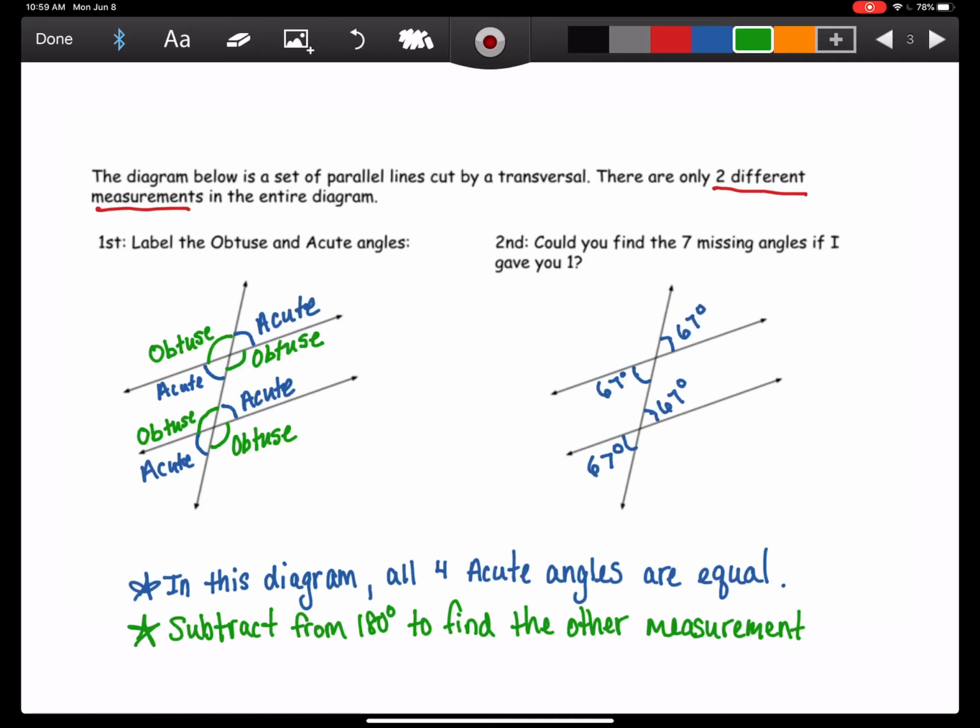Whether it be obtuse or acute, whatever one you have, all you need to do is think about, okay, well, these make up a half circle. If I know that this angle is 67 degrees, how do I find the other angle? Thinking back to last week, okay? So, we need to do 180 degrees minus 67.